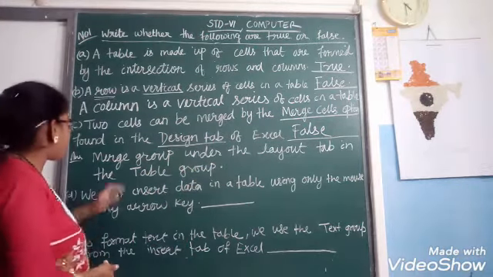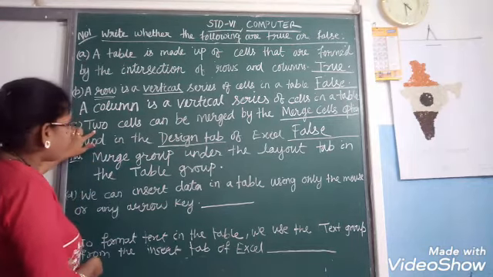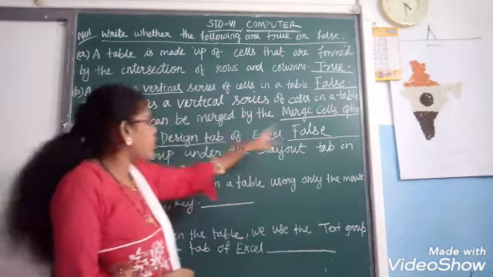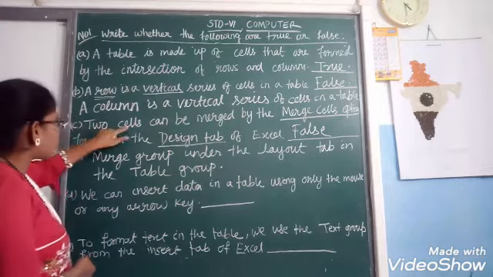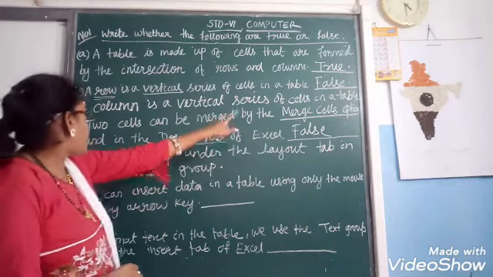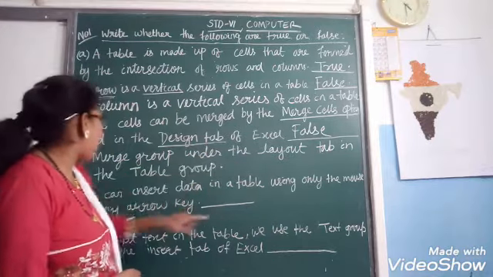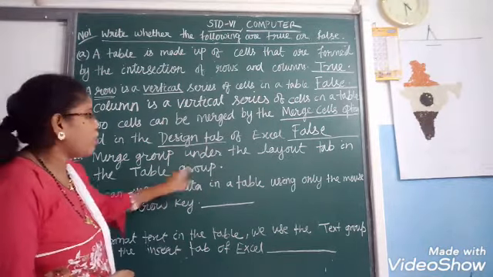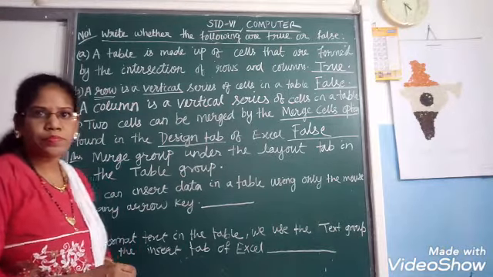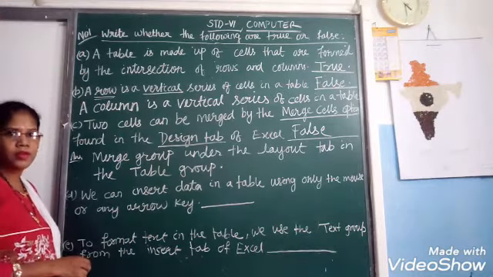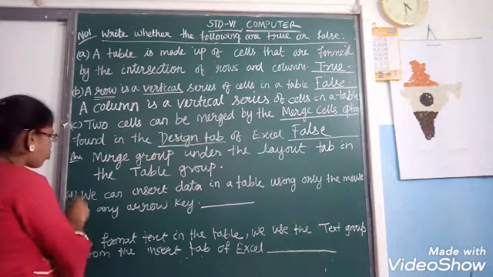So what is the correct answer? Just mention false, and you write from here: two cells can be merged by the merge group under the layout tab in the table group. Is it clear? Now come to the fourth one.